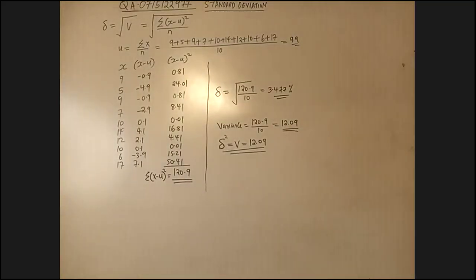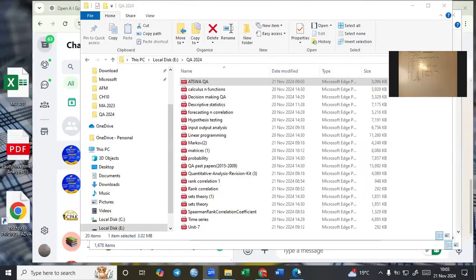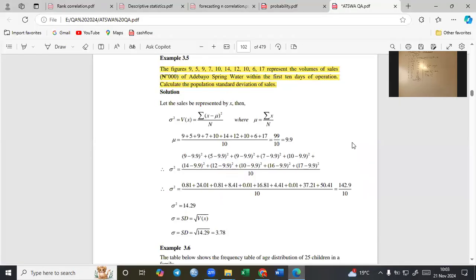Now let's go to another illustration. Let me share the screen again. Can you see my screen? Now, we report the answer as 3.78.